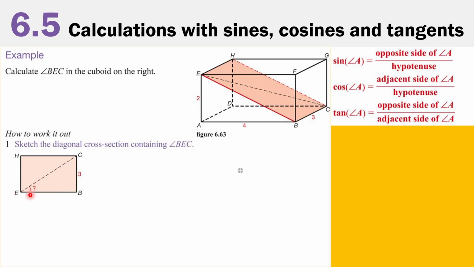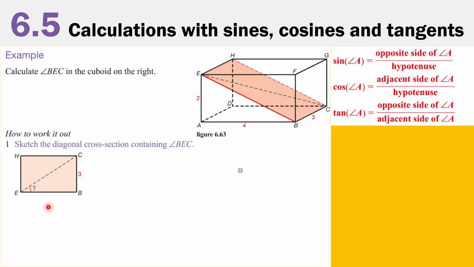I don't know this angle, and I only know, if I take a look at this from angle E, the opposite side of angle E. So I either should also know the hypotenuse, so I can use opposite and hypotenuse, I can use the sine here to calculate angle E, or I should know the adjacent side, because then I can use the tangent.